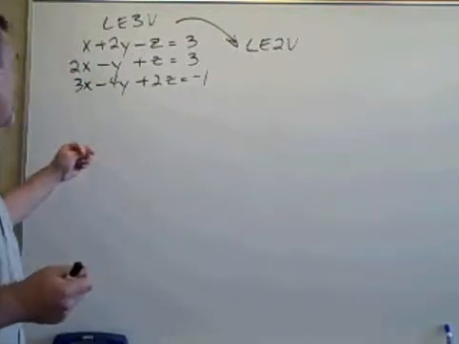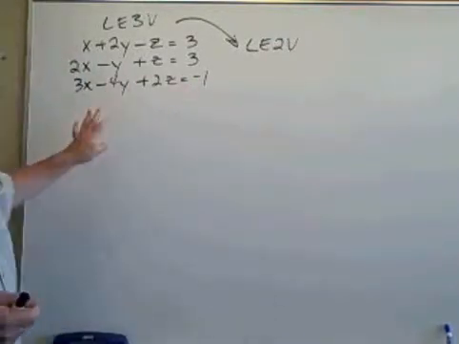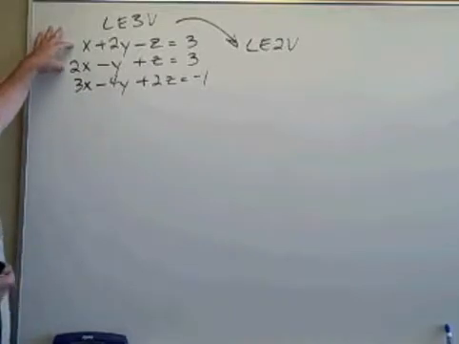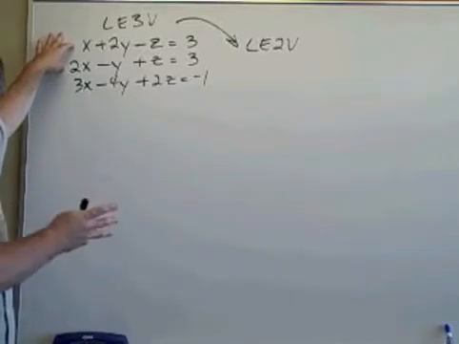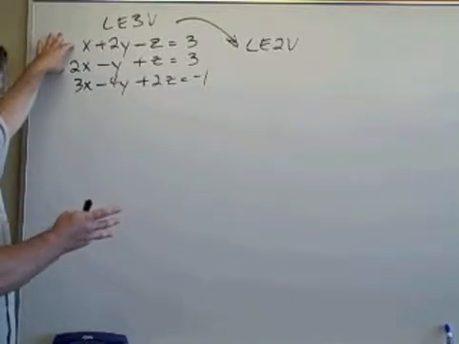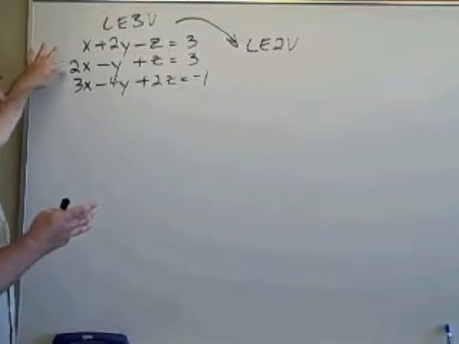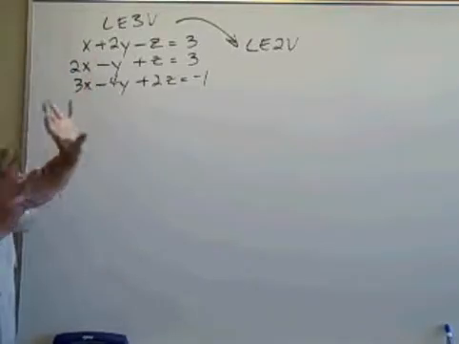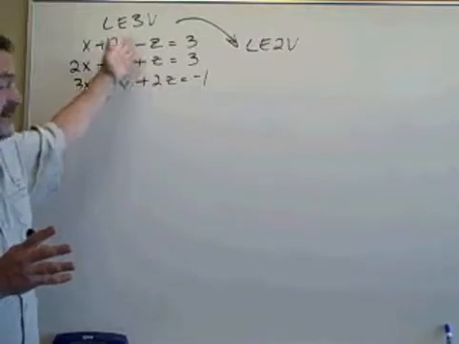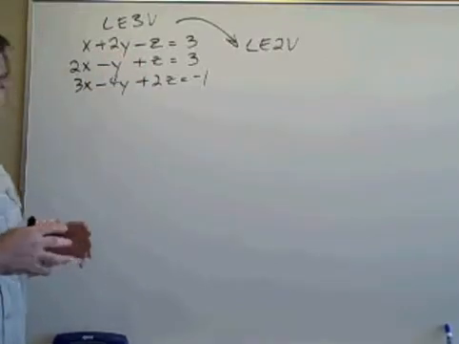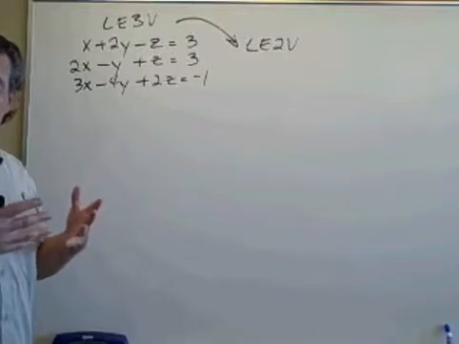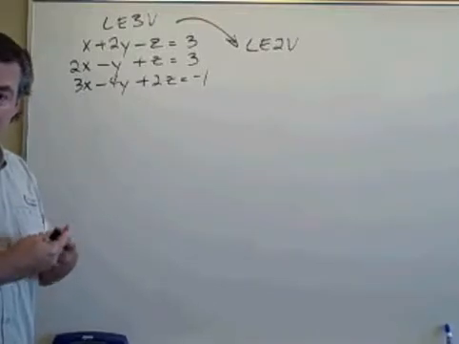Well, if I look at these equations, I notice that if I were to simply add these 2 equations together, wouldn't the z values disappear in the new equation? If I add equation 1 to equation 2, the z values already are additive opposites, and they will become 0. The coefficients will become 0, eliminating the z, which will simply create a new equation that only has x and y.